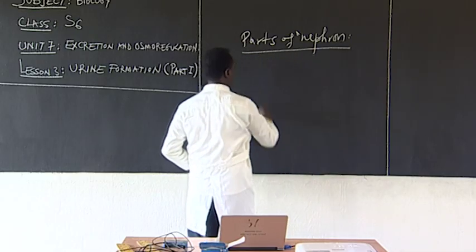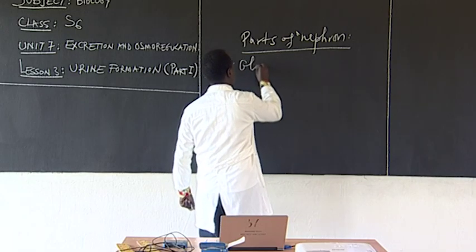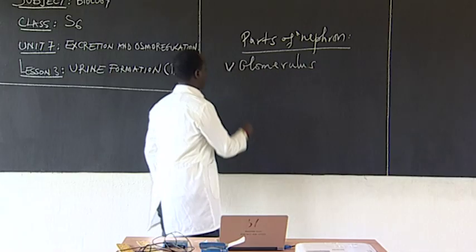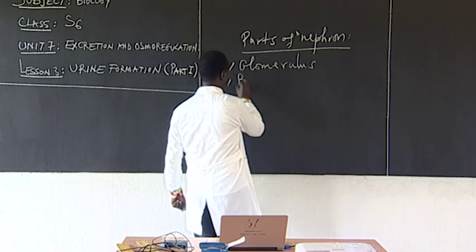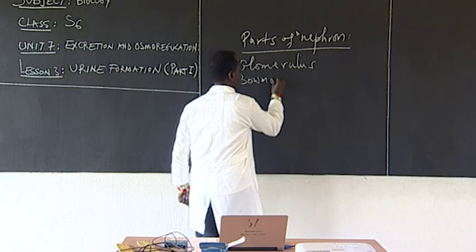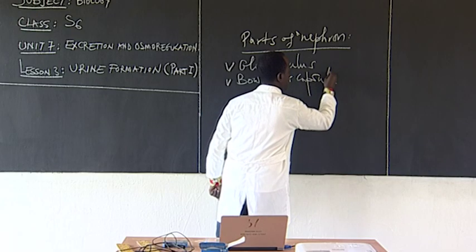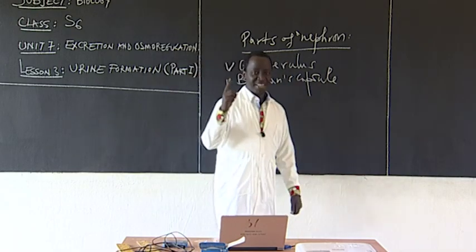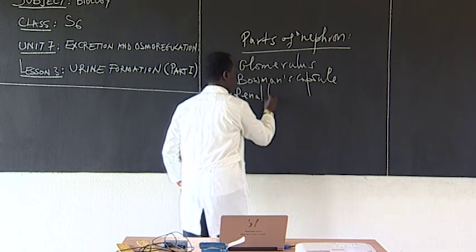Nephron has a part called glomerulus. It has also what you call Bowman's capsule. It has also what you call renal tubule.